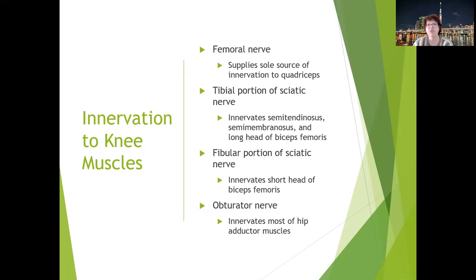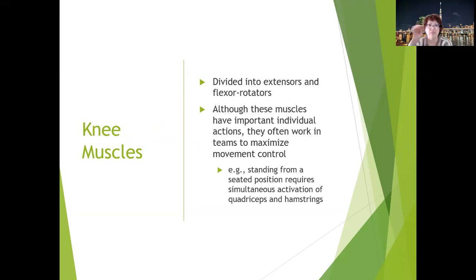The obturator nerve innervates most of the hip adductor muscles, and some of those act on the knee. Not to a great extent, but they do. So the knee muscles are mostly divided into extensors, which are the quadriceps, and flexor rotators, which are primarily the hamstrings and a few other little accessories.